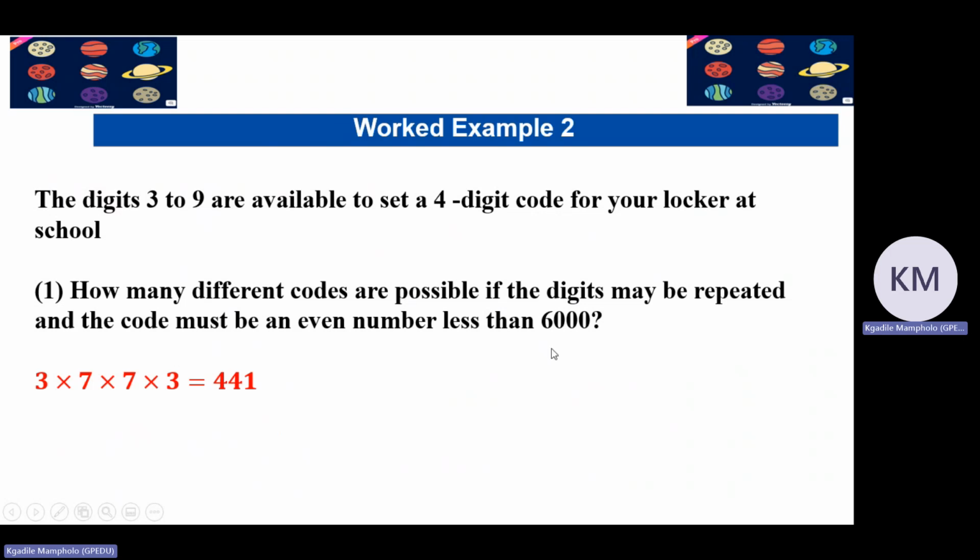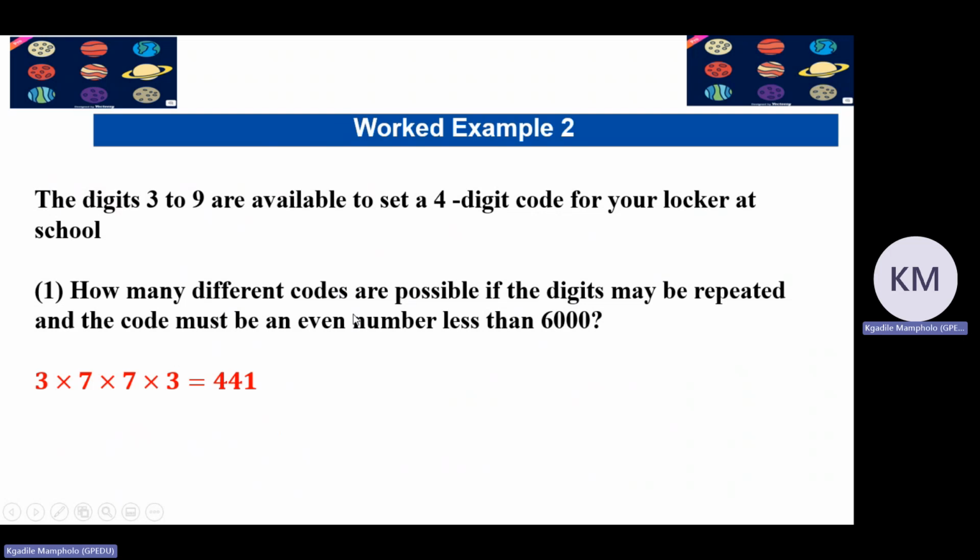It means the numbers that can possibly be at the beginning are 5, 4, and 3, because we are using digits from 3. But if they were saying you are using all the digits, there would be 6, because we'd include 2, 1, and 0. But in this case, we use 3 to 9. Then the numbers that can possibly be at the beginning are 5, 4, and 3.